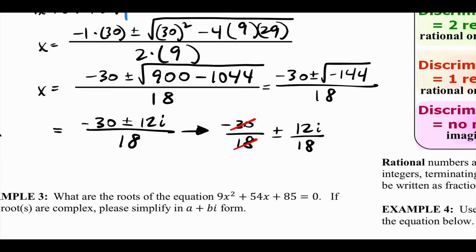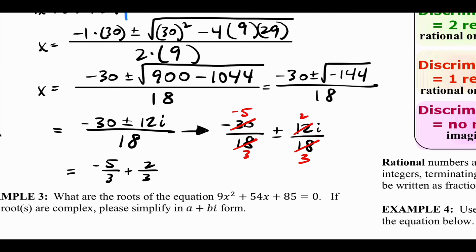So both of these, 6 can go into both of them. So I get a negative 5 on top and a 3 on bottom. 6 goes in here twice. 6 goes in here 3 times. So I get negative 5 divided by 3 plus 2 divided by 3.